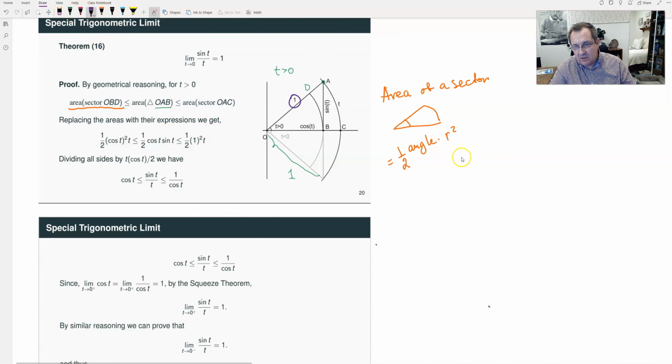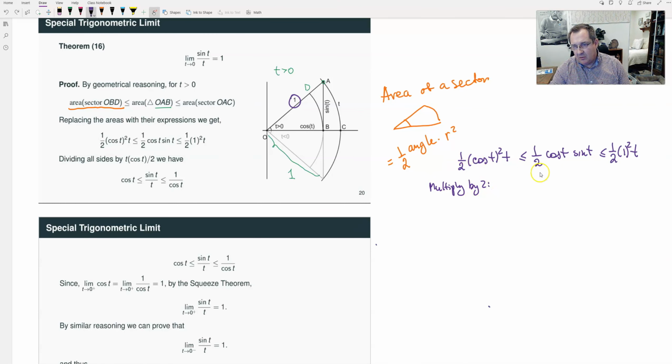Now let us take this inequality, 1/2 of cosine t squared times t less than 1/2 of cosine t sine t less than 1/2 of 1 squared times t, and simplify. The first thing I'd like to do, I'd like to multiply by 2.